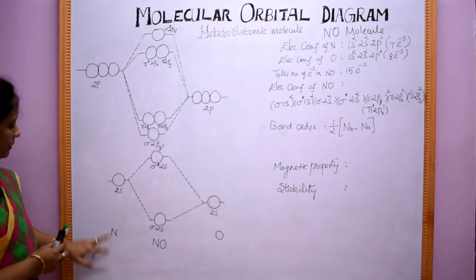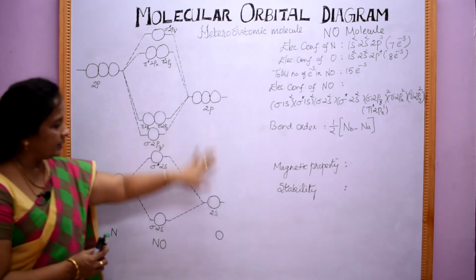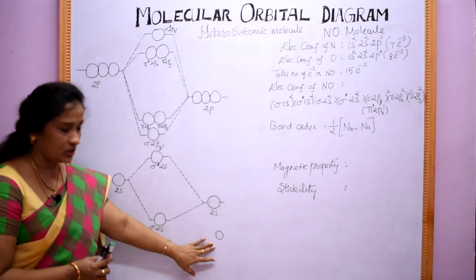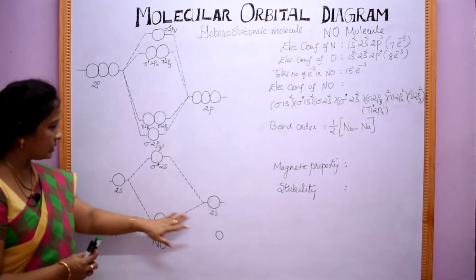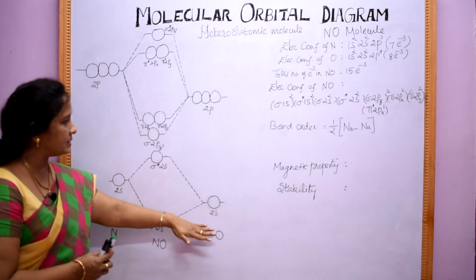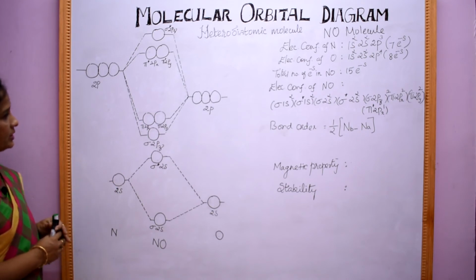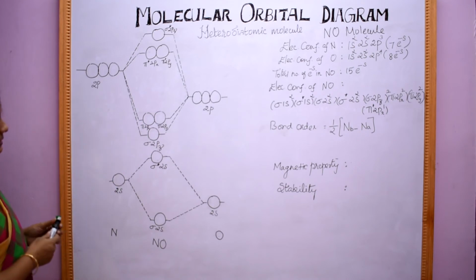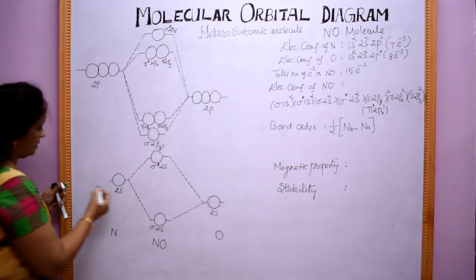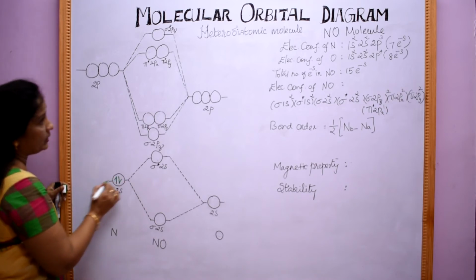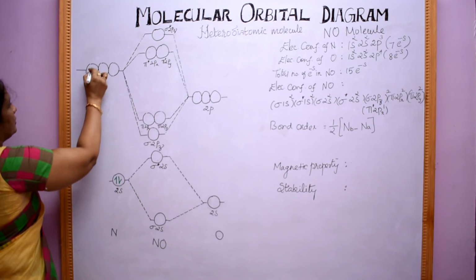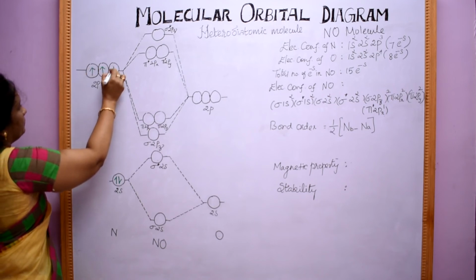Now let us fill up these atomic and molecular orbitals of nitrogen and oxygen. This is the atomic orbital of nitrogen, and here we have the atomic orbitals of oxygen. Here also the energy of oxygen is less when compared to the atomic orbitals of nitrogen. Let us first fill nitrogen, and we start from 2s2. There are 2 electrons in the s orbital and 3 electrons in the p orbital.